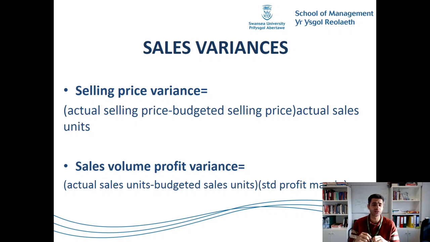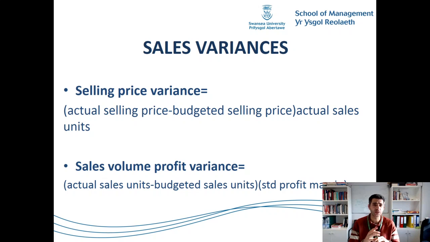The first one is the selling price variance, and the selling price variance equals the actual selling price minus budgeted selling price, and then you multiply by the actual sales in units.